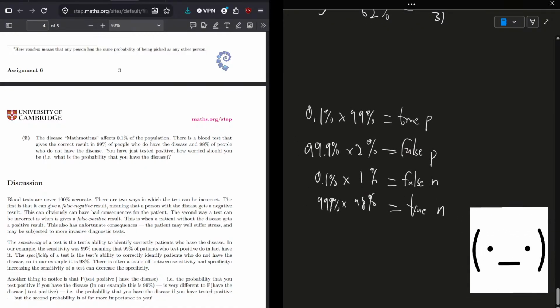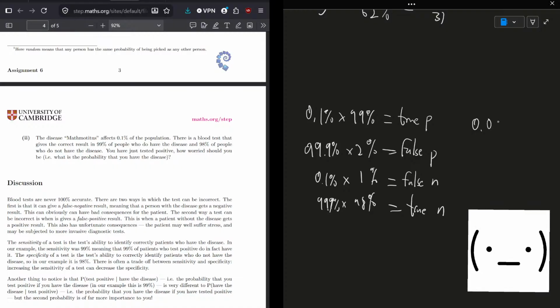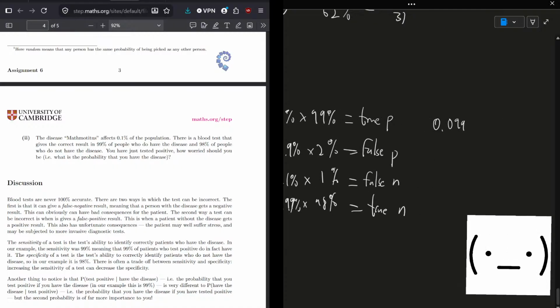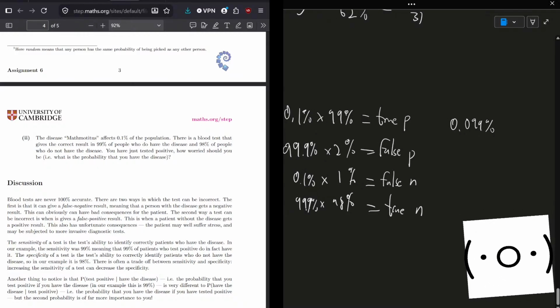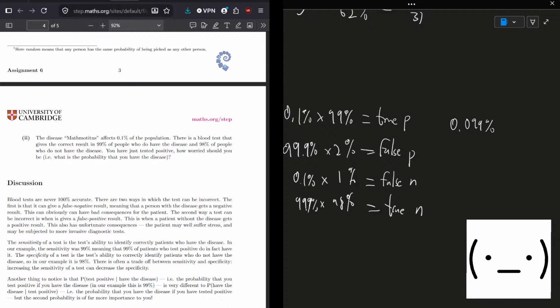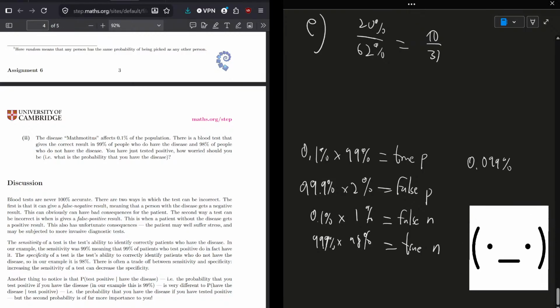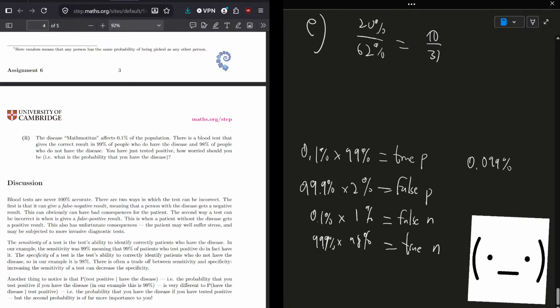So that means we're looking at this. So this is the percentage of population with a true positive, and this is the percentage of the population with a true negative. Wait, no. Oh wait, no, we want to look at a false positive, sorry. Okay, yeah, I'm just not very used to working with this terminology, my bad.